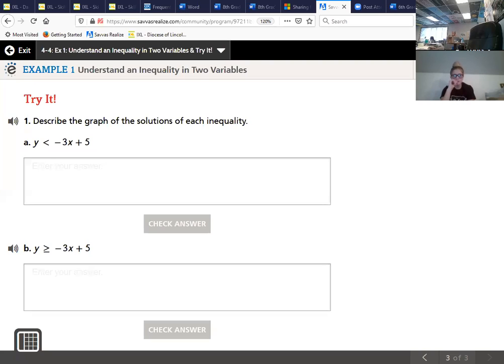Okay. We want to shade below the line, which is that on the left side or the right side? Which do you think would be below? Well, let's see. Let's plug in a value for x. Let's say x is 1. What is negative 3 times 1 plus 5? 2.